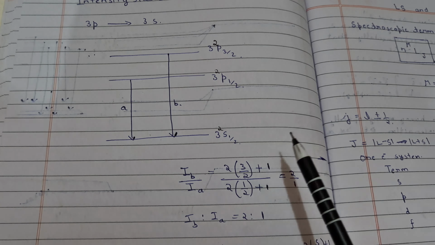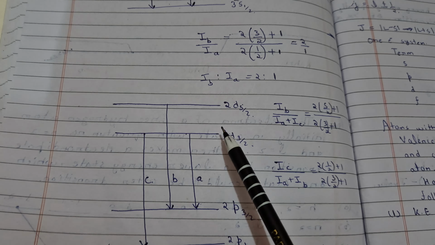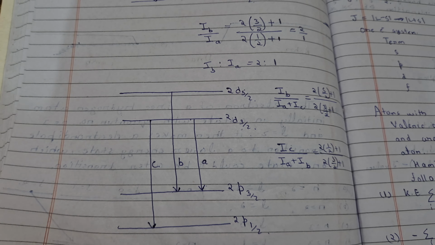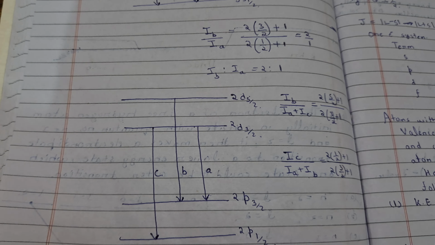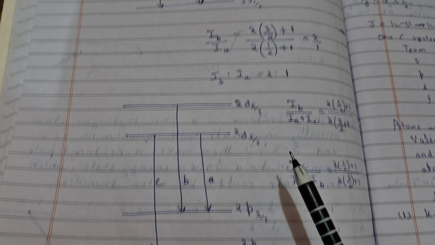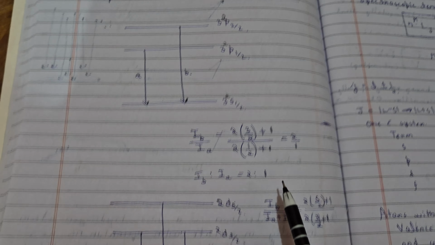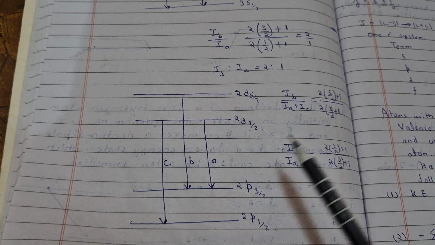But there is a slightly more complex example also like this. You have two levels for P and two levels for D, and a D to P transition. Now three lines are possible according to the electron dipole transition rules. So how can you find the intensity? Here only one final level was there, that's why you got a single equation. But now there are two and two, so we will get two equations.